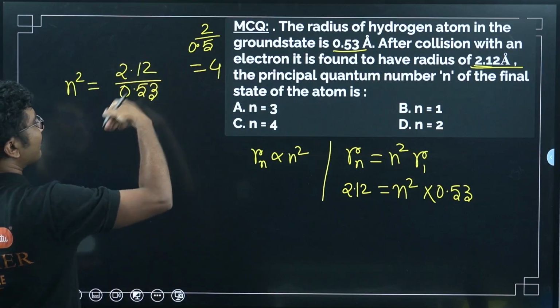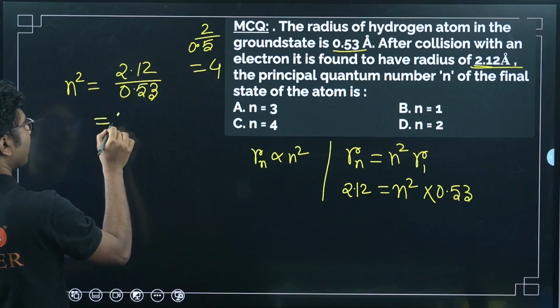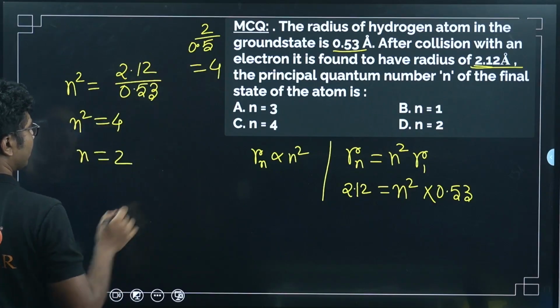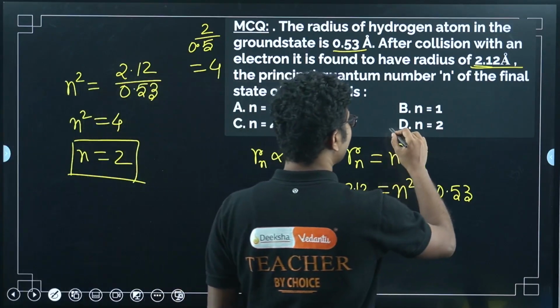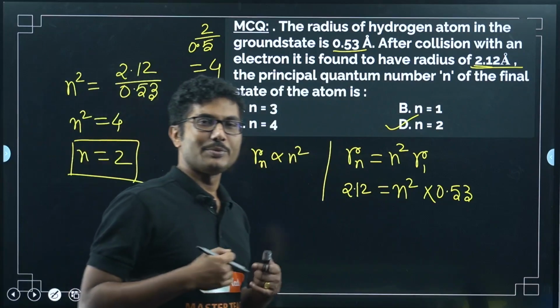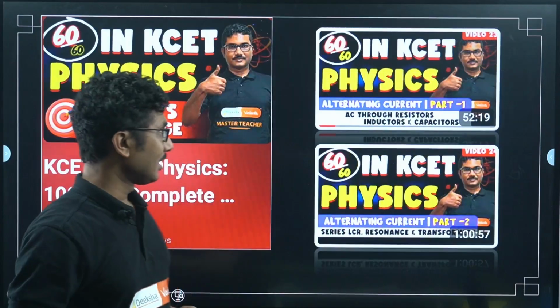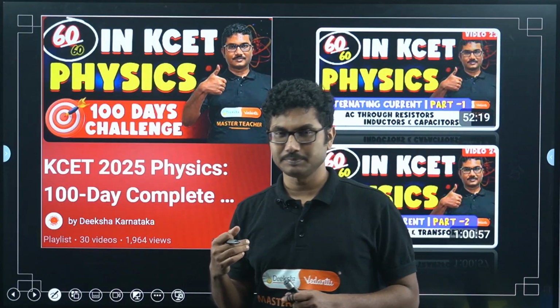Or you can do the calculation, remove the decimals and cancel, you will get the same result 4. So n square equals 4, so n equals 2. Most students will answer n equals 4 in this case, but a smart student, a student of my class, will answer 2. Got it?